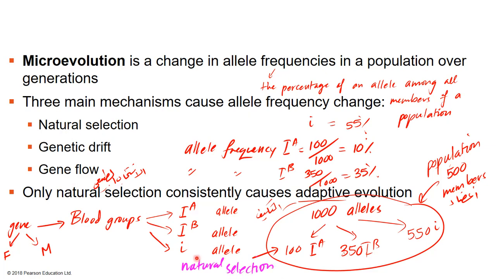A mutation might generate an allele like this, but if this allele is harmful, natural selection will remove this allele from the population.